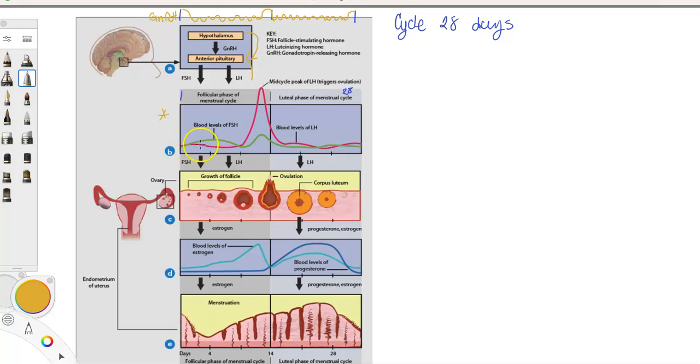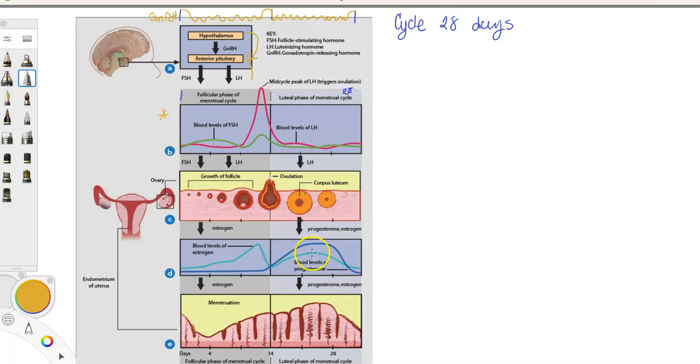So it's got this little peak here, not a peak, but it's starting to make it go. So estrogen's starting to go. And then at ovulation, boom, right before ovulation, it peaks. So levels of estrogen go way up. So now we have ovulation, and then it plummets down after ovulation. And it starts to build up a little bit. It slowly starts to come up again here.